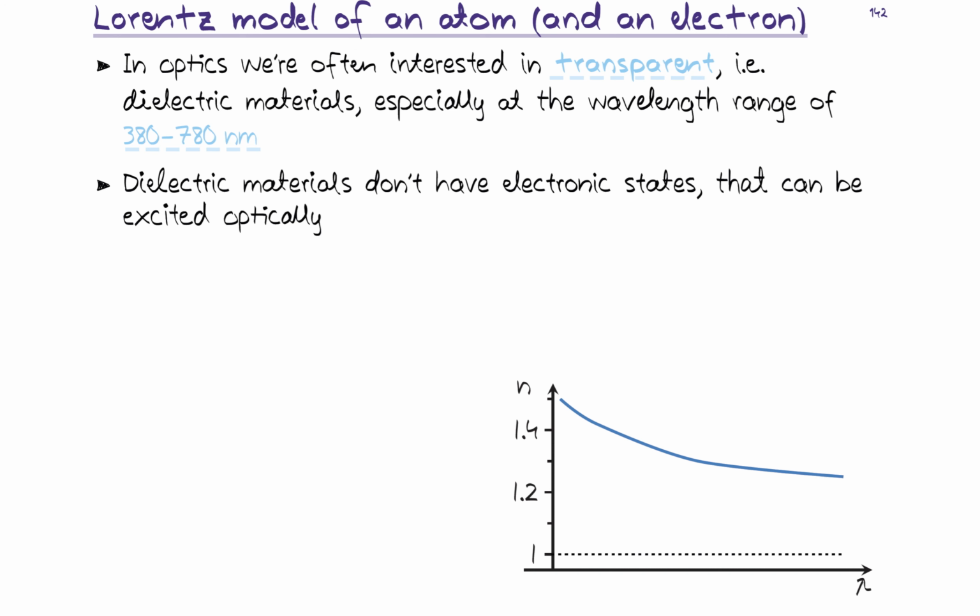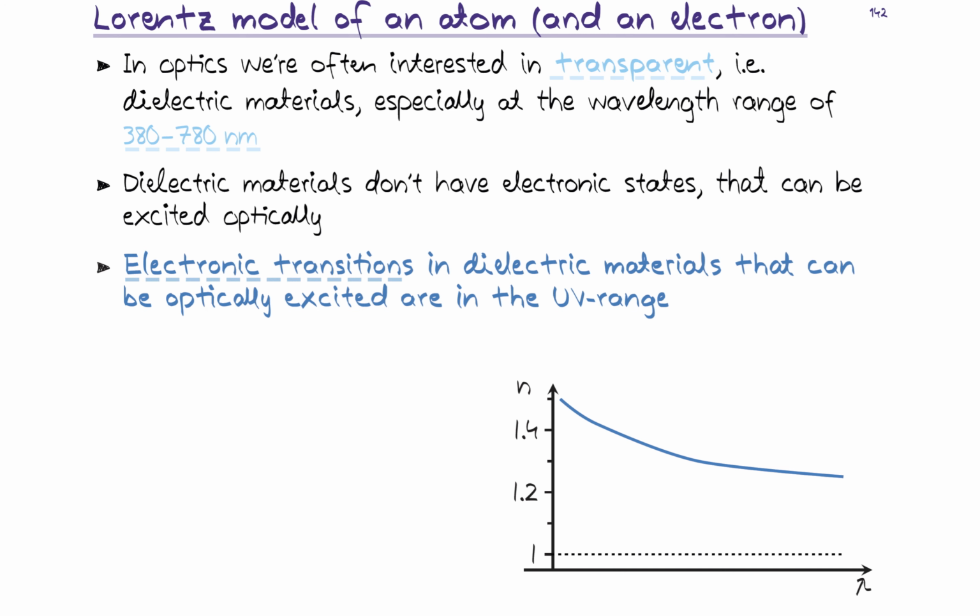And then subsequently, what kind of dispersion we will have for the dielectric materials is that the electronic transitions that can be excited are in the UV range. So only at the very short wavelength range we have electronic transitions, and only there we will have those resonances and anomalous dispersion.